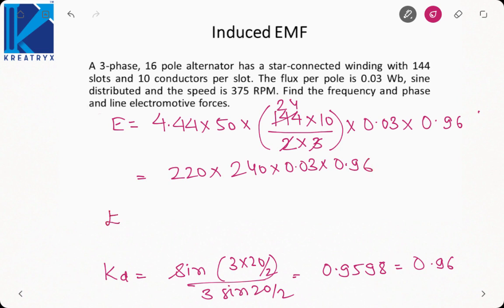Similarly, if you wish to calculate line voltage, it will simply be root 3 times phase voltage, because it is star connected. Is it fine? So that is how you can tackle the problems based on winding factor, winding distribution factor, and the pitch factor. Okay, that is the first category that can be asked.